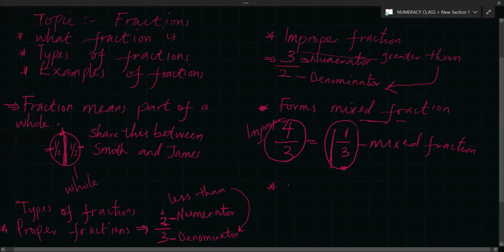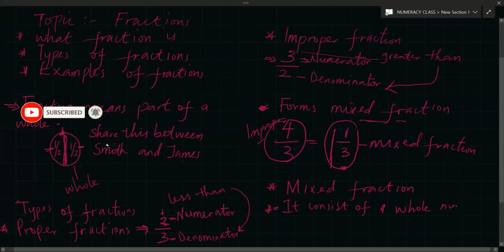Let's look at the last one, which is known as mixed fraction. A mixed fraction is a combination. It consists of a whole number and a proper fraction.